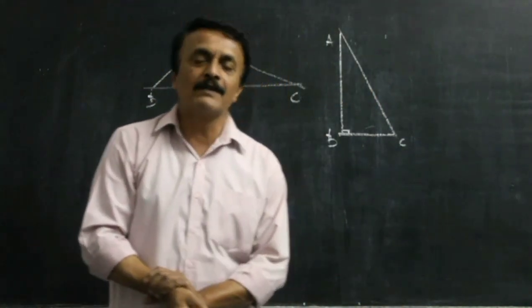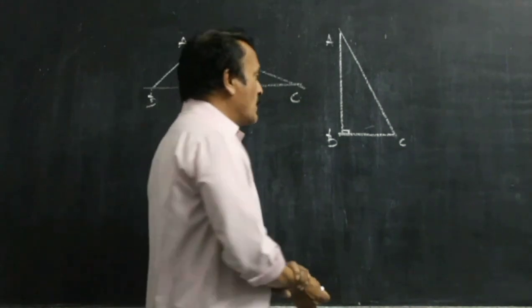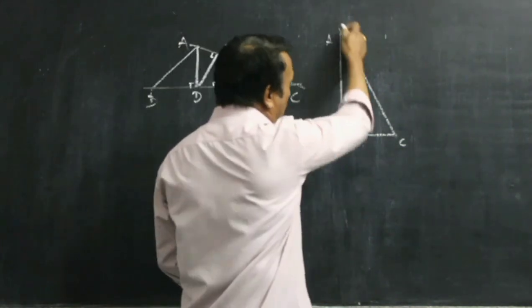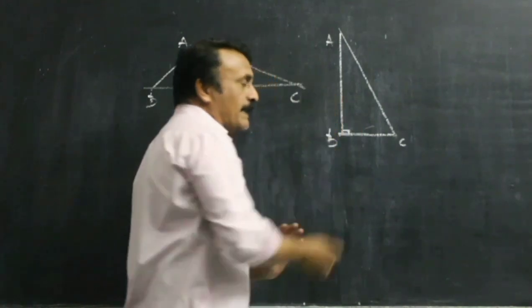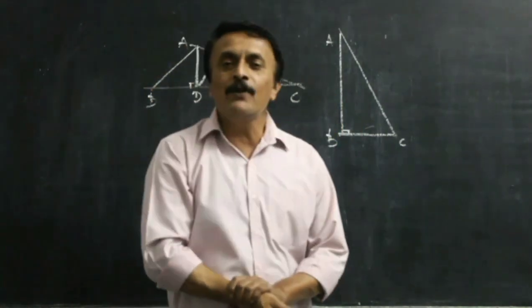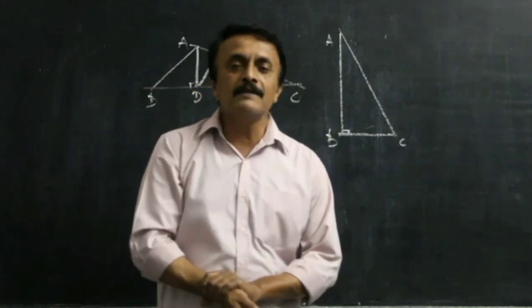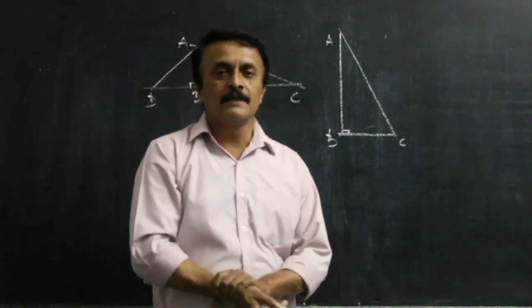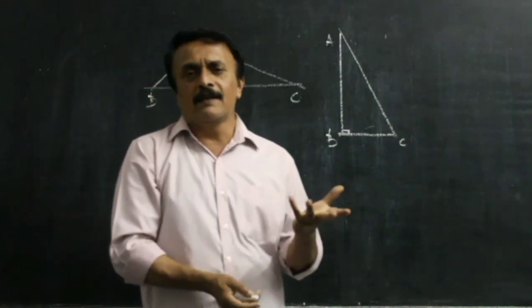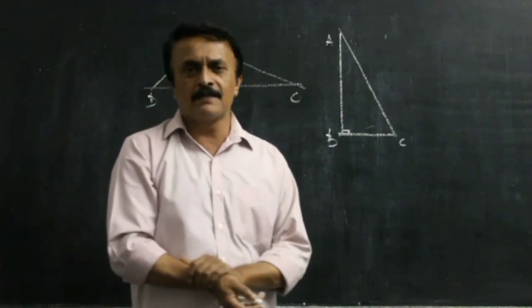It is having three sides. So one is what? Side opposite to the 90 degree. You have to call that as hypotenuse. Hypotenuse is the largest side in any rectangle triangle. Next two sides may be height or base.